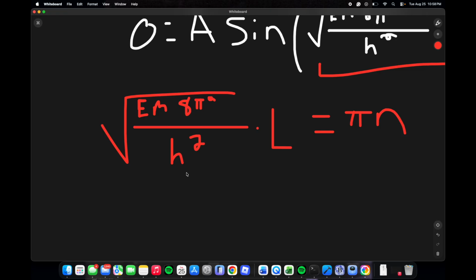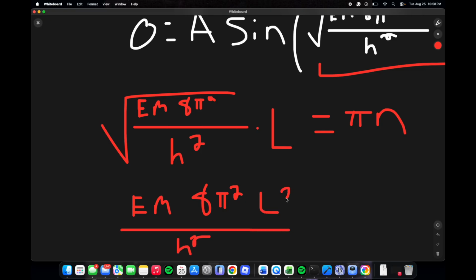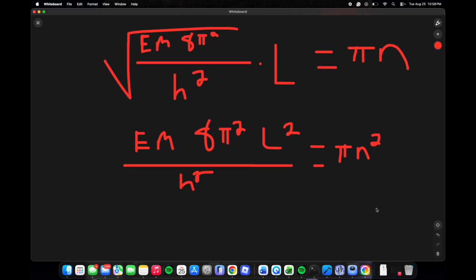Square all your terms to get rid of the square root. E m 8 pi squared over h squared, and then there's also that L squared term, right? Because this is outside of the radical, it's going to get a square too. Pi n squared, okay?